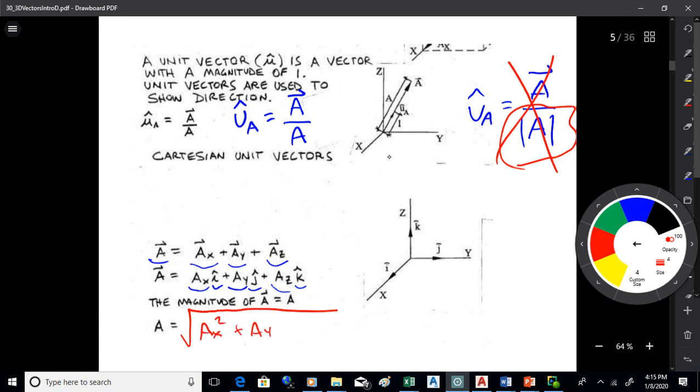I just take the 3 components, I square them, add them up, and take the square root. That will get me the magnitude of vector A. Okay. You all right with that? Questions on that?